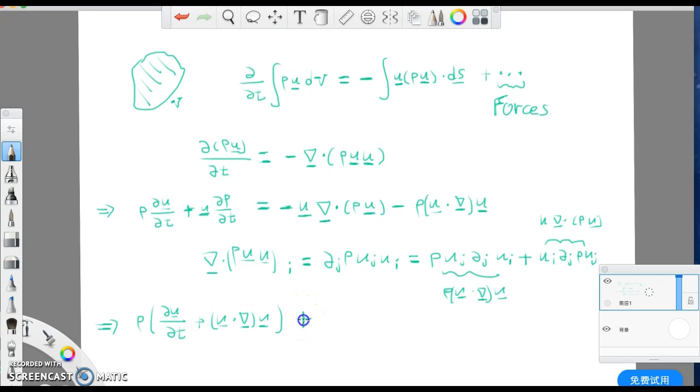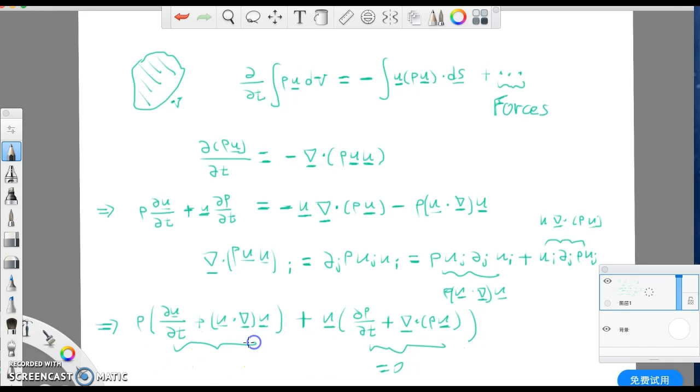And you will expect the other terms will cancel, and what you have is partial rho partial t plus divergence of rho u, which indeed cancels because that's just 0, and that's just the continuity equation.